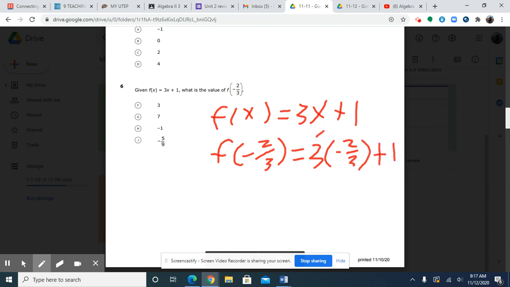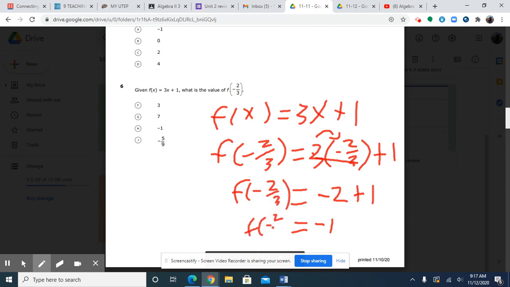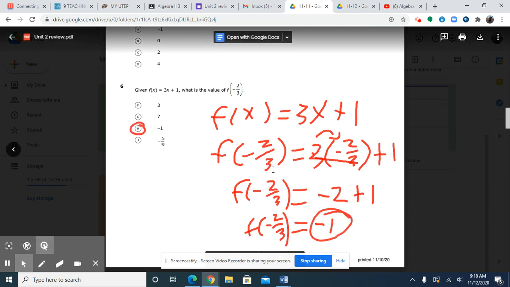So we're going to multiply this. We would have 3 times negative 2 over 3. These would actually cancel out. We're left with negative 2 plus 1, which is equal to negative 1. So when x is equal to negative 2 over 3, our y value would be negative 1, so our answer would be h.